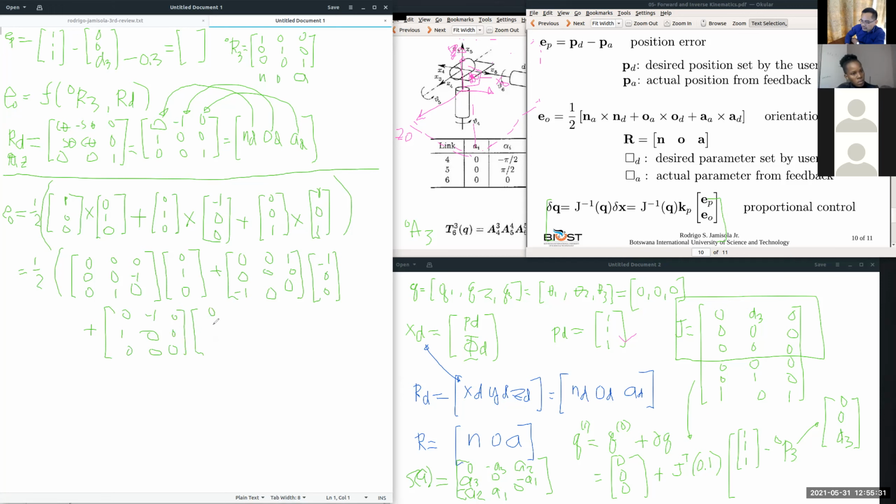Now we can compute. Everything is equal to 1/2 of this vector. The first vector is 0, 0, negative 1. Plus, any questions? Oh, no, that's wrong. 0 is the third one.